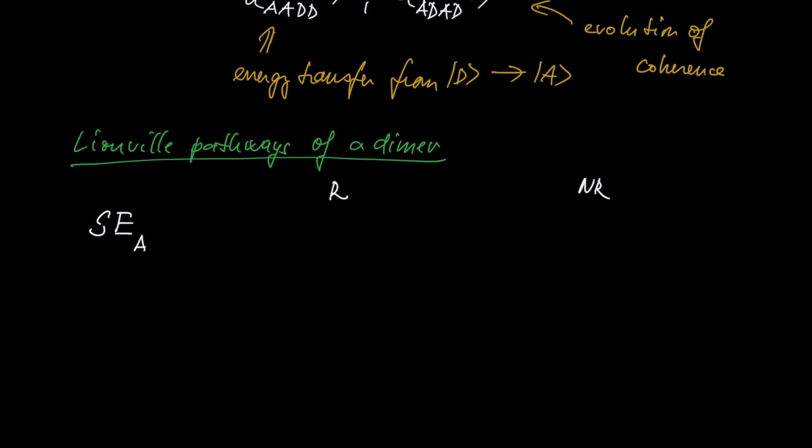All right, so the Feynman diagrams of the rephasing part, they always start with an excitation from the left, and because this is on a molecule A, we will start with this optical coherence.